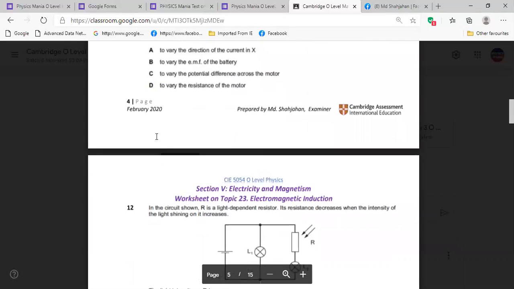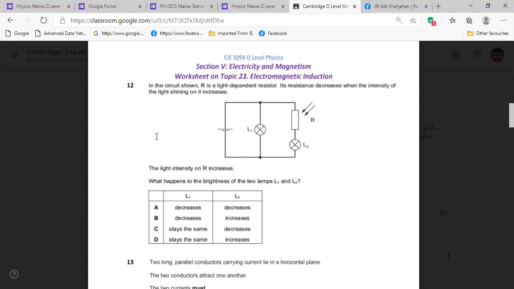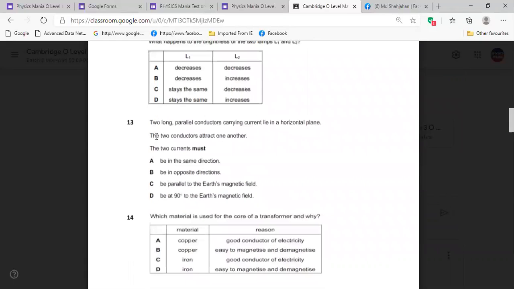Then next, number 13. This is the problem: the conductors attract one another. It's written in your notes. Topic 22 is written, check.